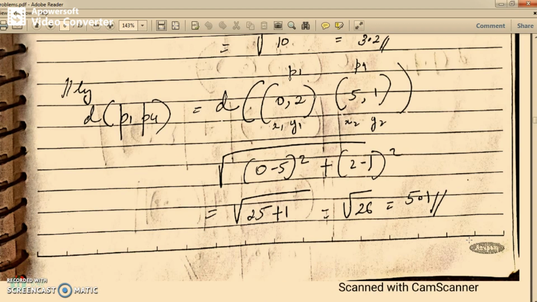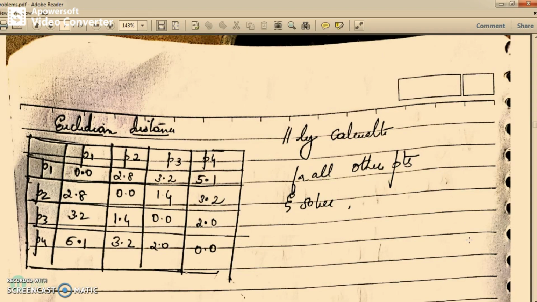Similarly, you continue the calculation for the distance between P2, P3, then P3, P4. Okay, right. So the final distances, whatever we have calculated, are shown here in this table. You can see here the table is written in the form of a matrix, wherein you can see these 4 points.